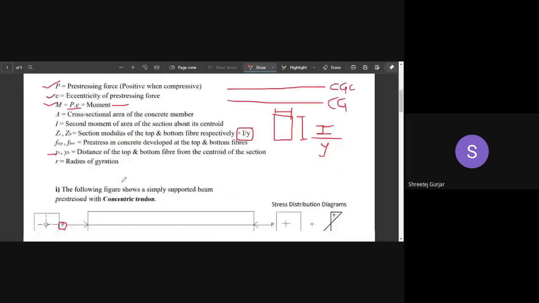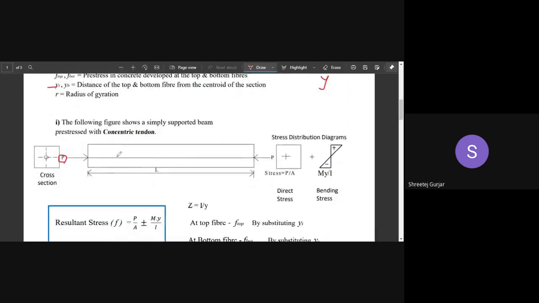So let me just show you over here. If this is your cross section, if this is your b and this is your depth d, this is your depth d and this is your width b. So this is the centroid of your section, right? This is your top fiber, as I've told you, of your section, and this is your bottom fiber.